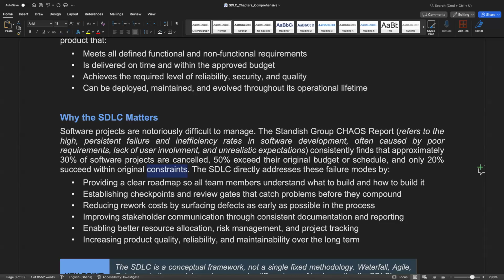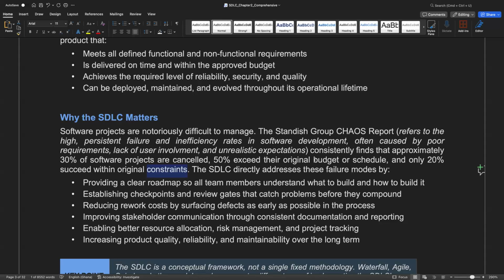Then the software development cycle really matters. This cycle directly addresses this failure by providing a clear map so that all members, all engineers in this class, understand what to build and how to build it.